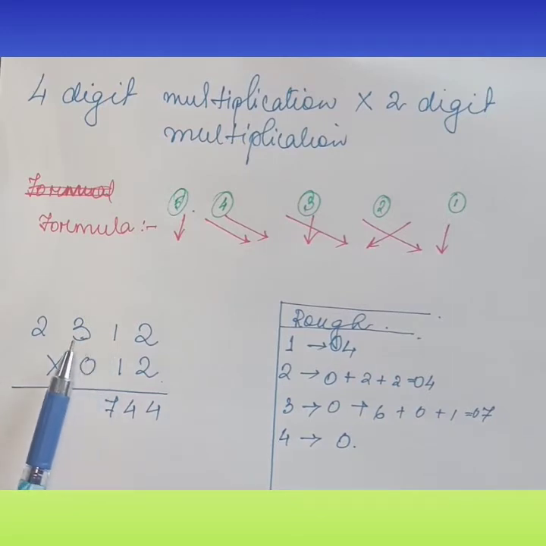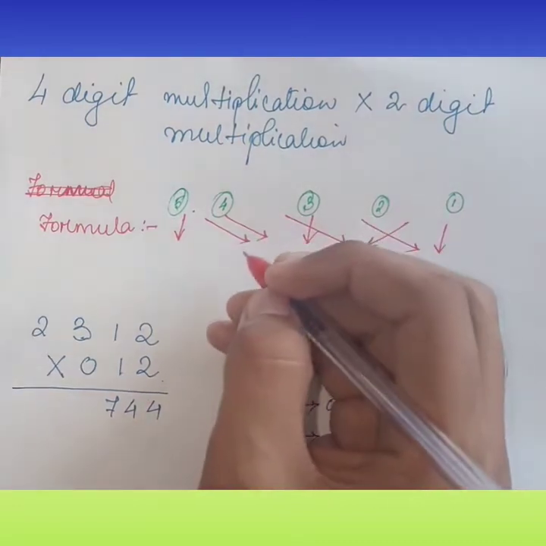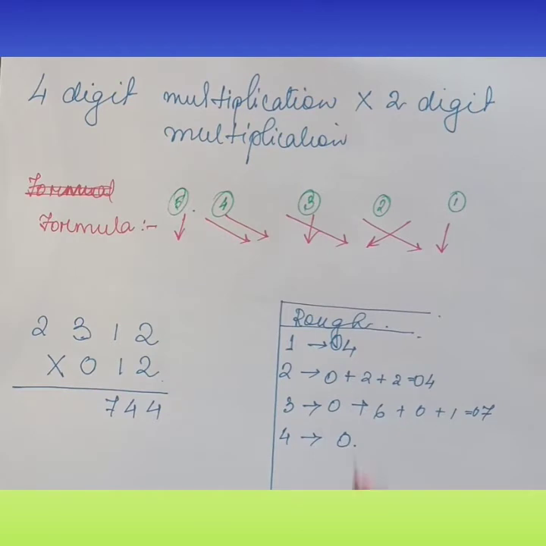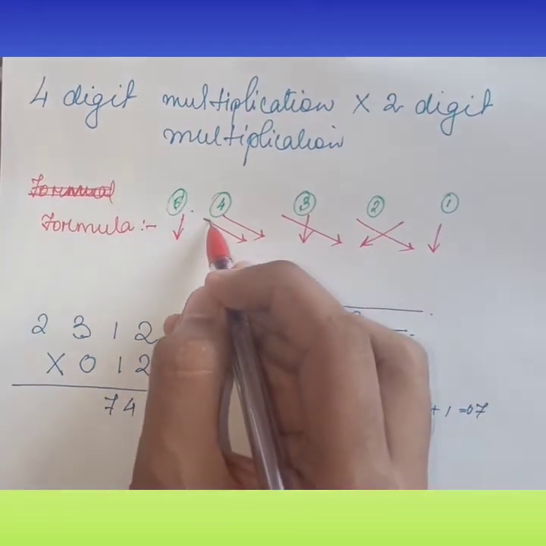Here, 2 into 2 will give you 4 and 3 into 1 will give you 3. I made a mistake in step number 4. It's not totally like that. A slight mistake is there.